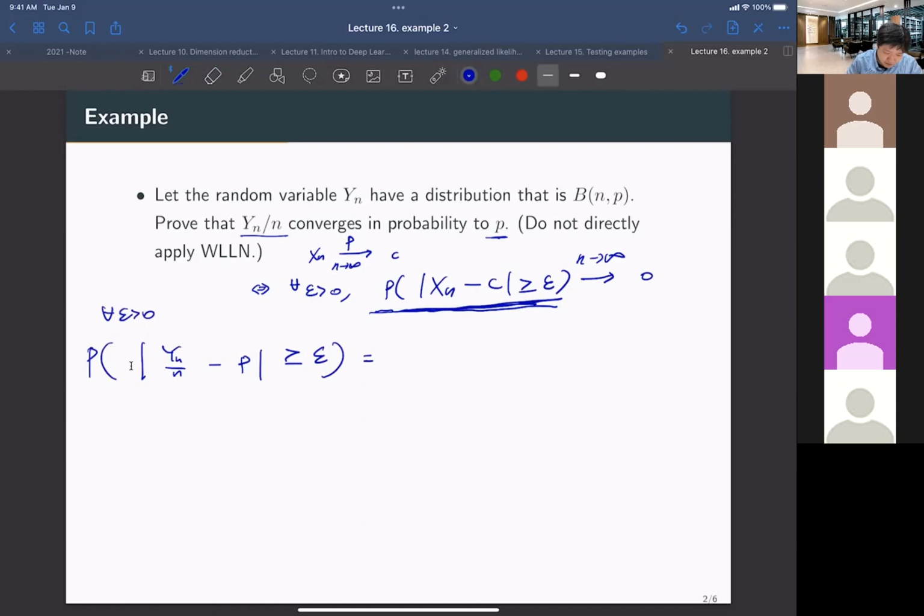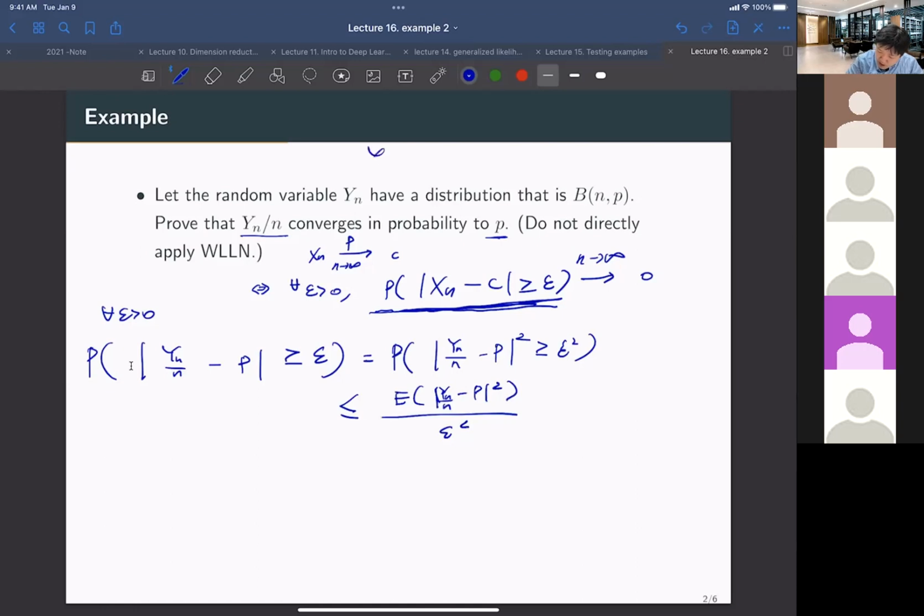And by the Markov inequality or Chebyshev inequality, we can say that the probability is less than or equal to the expected value of (Yn over n minus p) squared, over epsilon squared, right?